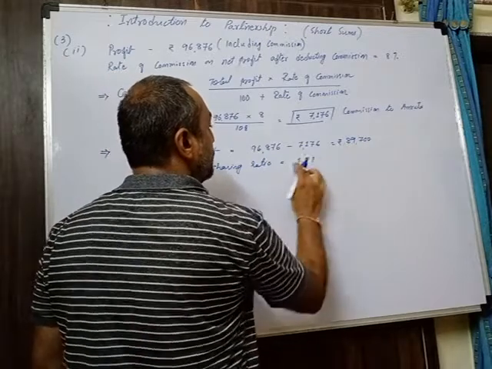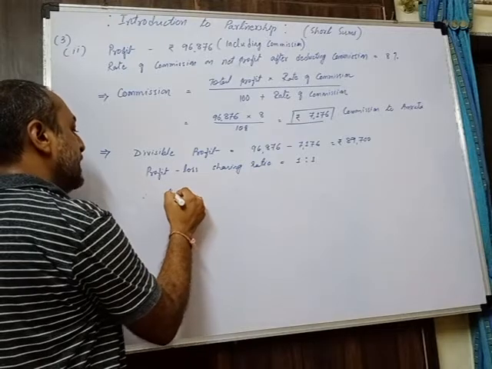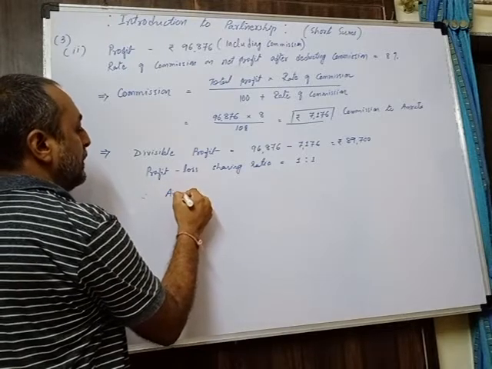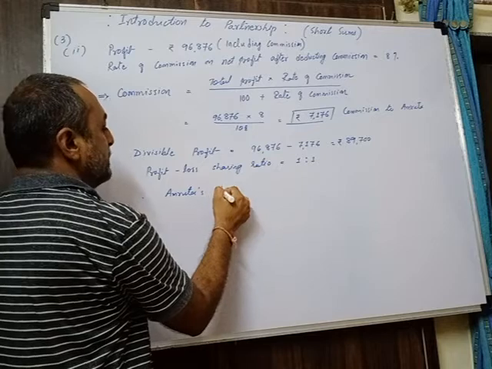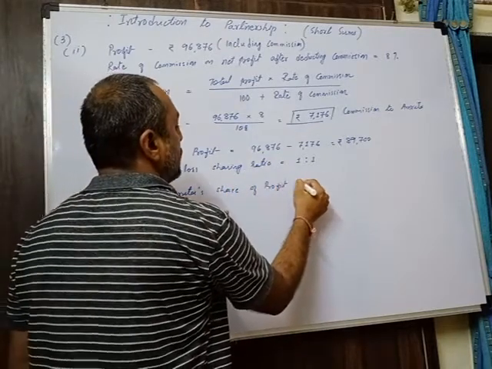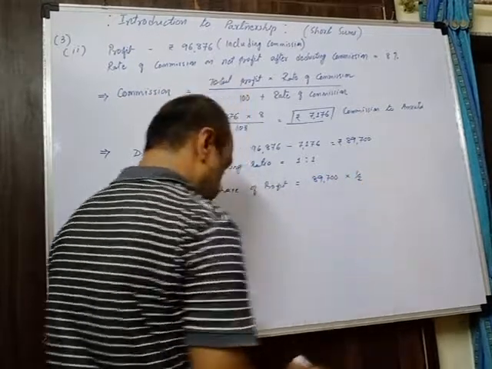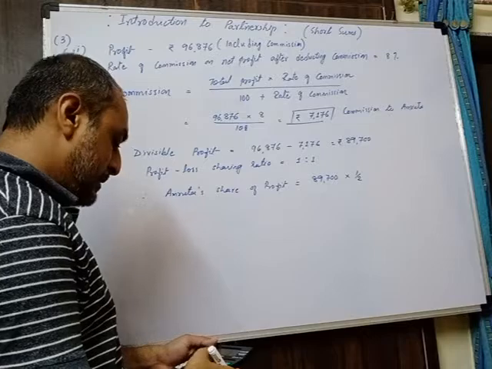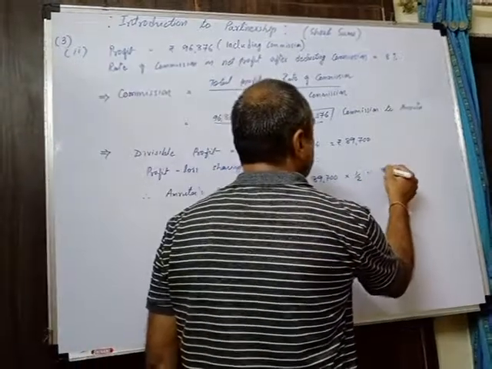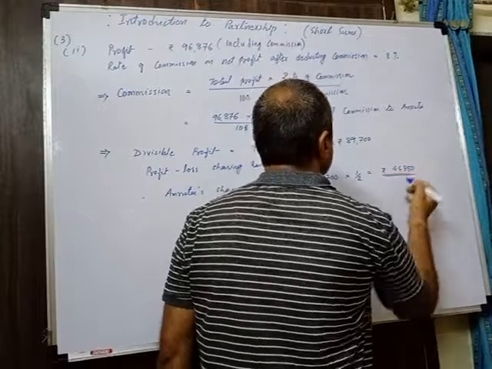So this will be distributed in equal ratio. We want only Amruta's share. Amruta's share of profit is 89,700 into 1 upon 2, which gives 44,850. This is her share in profit.